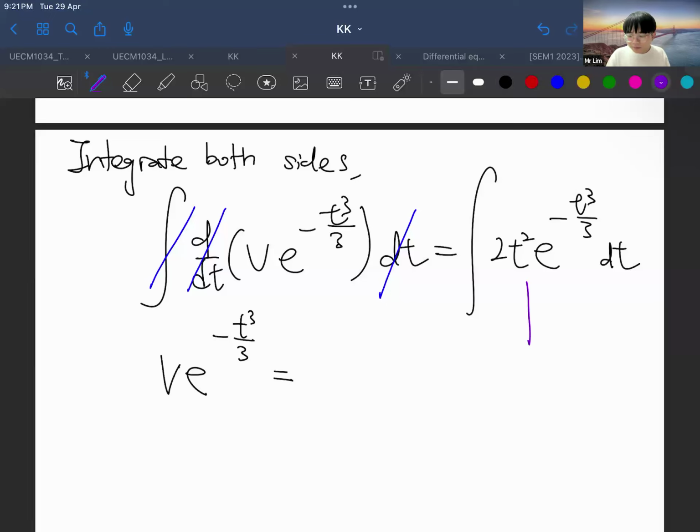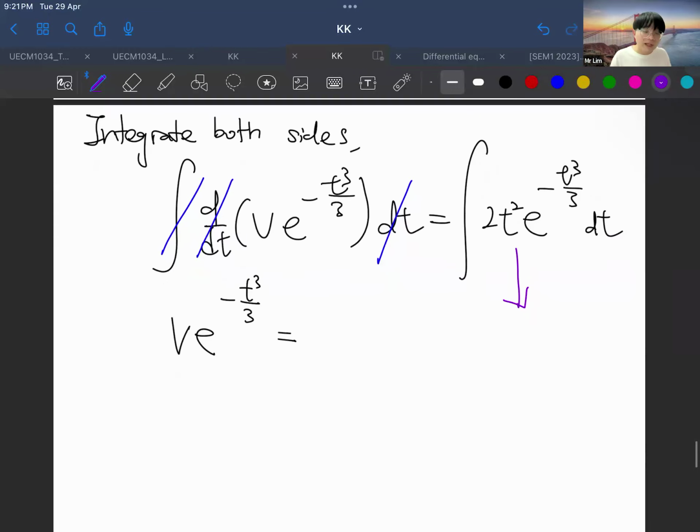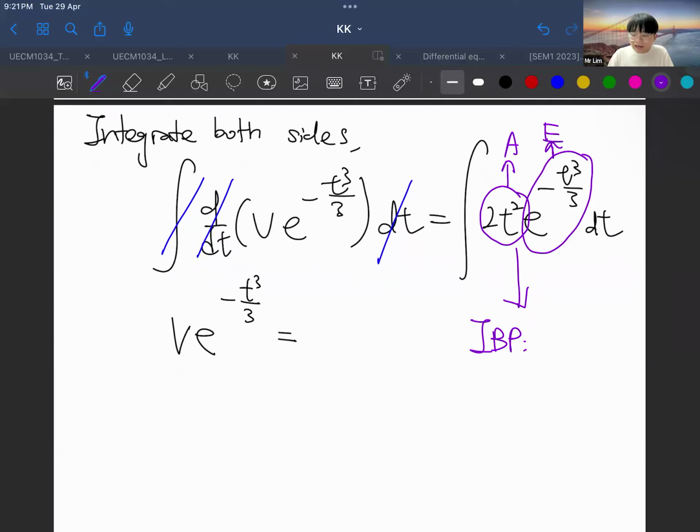Never mind, I just share some technique with you. Let's say I try IBP. This part is the algebra A, and this part is the exponential part E. According to the ILATE rule, my preference of differentiation follows this order.